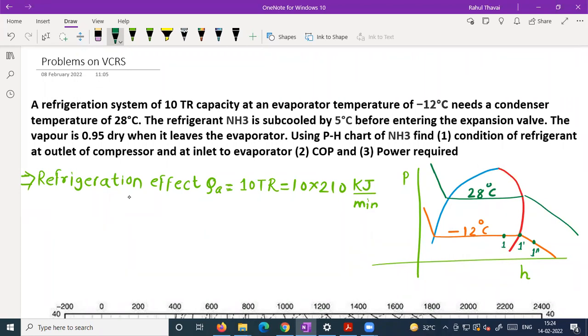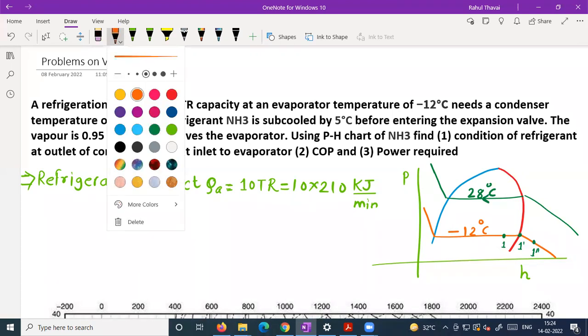Now see all of you, the refrigerant NH3 is subcooled by 5 degrees Celsius before entering the expansion valve. Try to understand. This horizontal process, an evaporator pressure process, always goes like this. I'm trying to make it very simple.